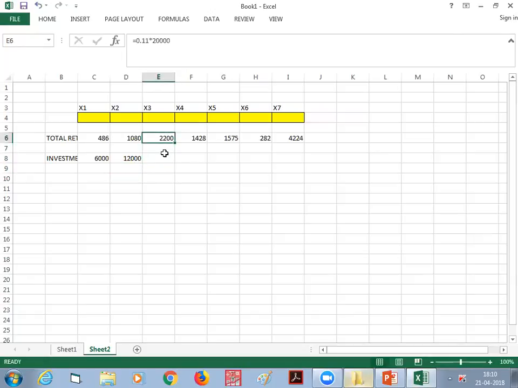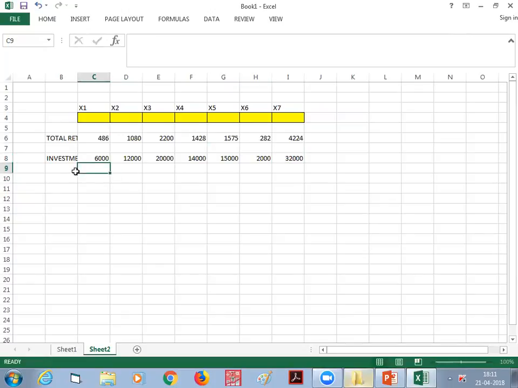Then this one, 20,000. This one was 14,000. This one was 15,000. This one was 2,000 and 32,000.